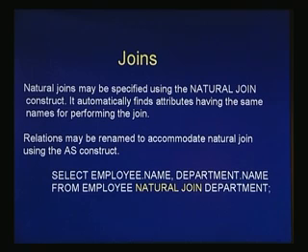It is also possible to specify a natural join directly without having to specify the equality condition. Note that in a natural join, if we have two tables, at least one of the attribute names should be common between the two tables.